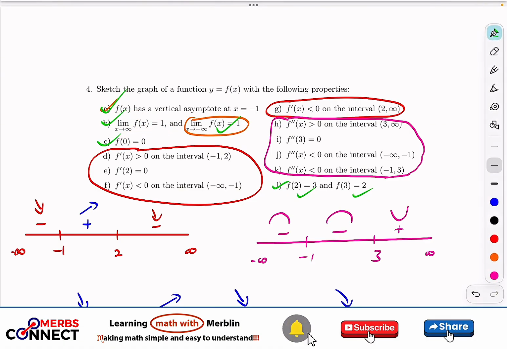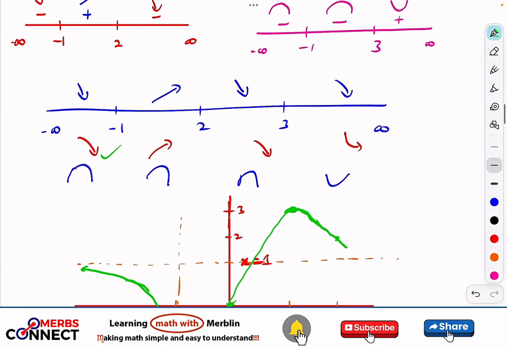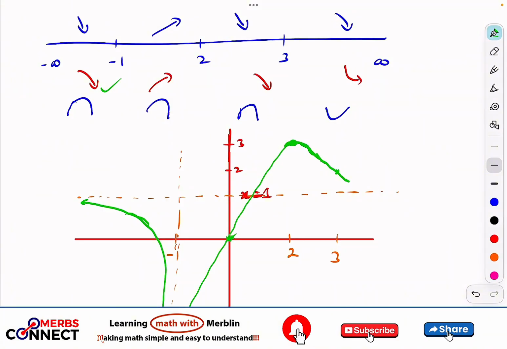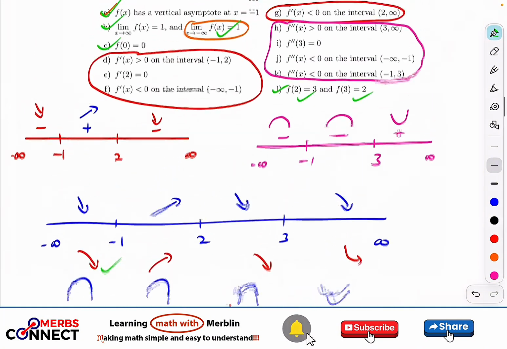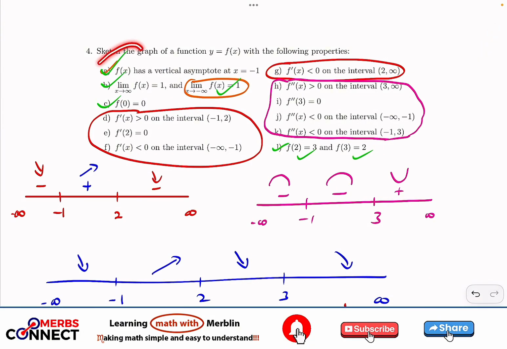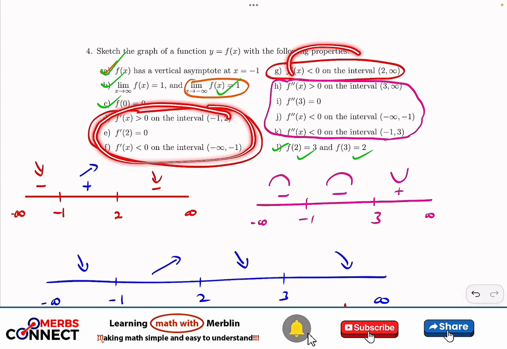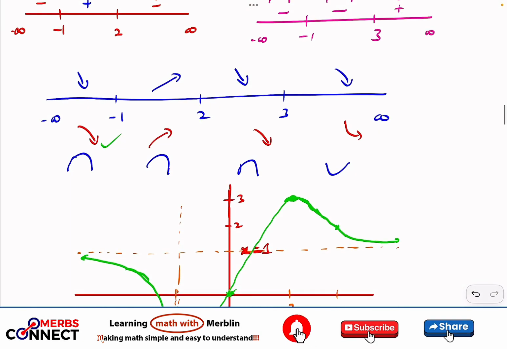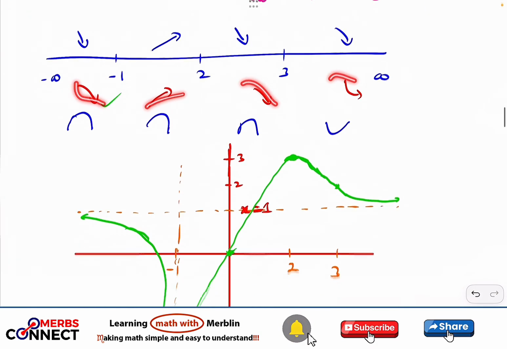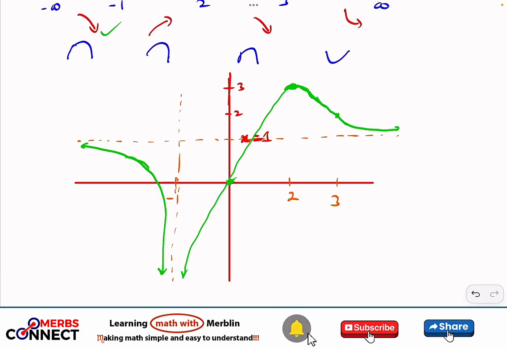So as we are going to positive infinity, we should be approaching this line here, which is y equal to 1. So we are done with this, and combining this, this is what you are going to get for the graph.